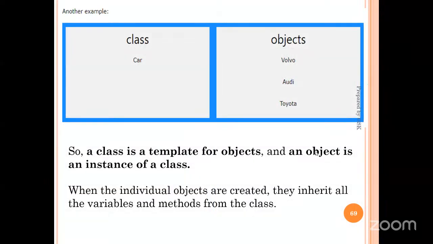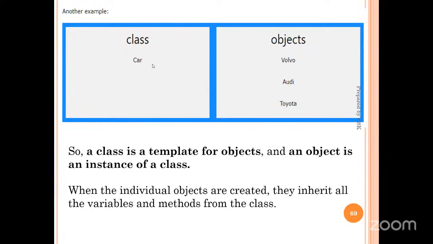One more example: suppose your class name is car, and the instances of the class become objects. What is an object? An instance of a class is called an object. In simple words, if our class is car, the objects of car will be Volvo, Audi, Toyota, Maruti Suzuki, and so on. Those become objects of the class car.